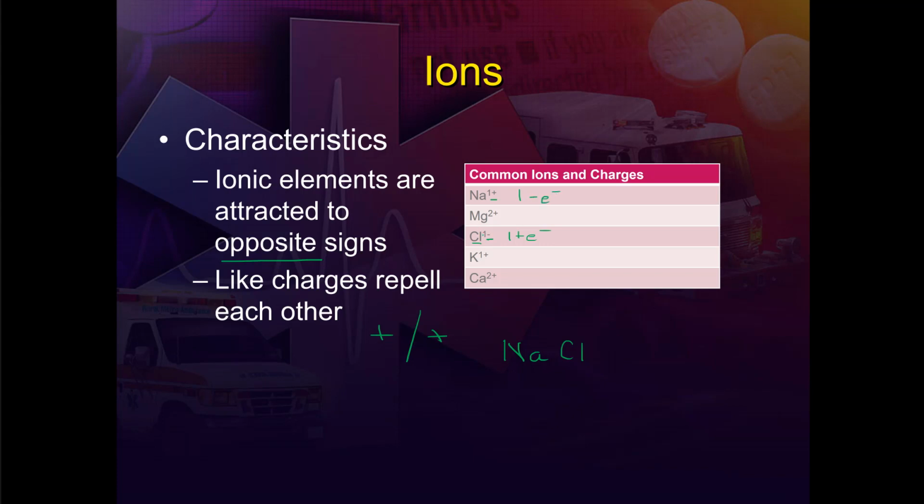So if we have a positive 1 charge and a negative 1 charge, and we bind these things together with an ionic bond, we end up with no charge whatsoever, and this ion has now become a salt. So salts are ions paired together. Notice there's no charge written here because sodium's 1 positive and chlorine's 1 negative together result in no charge.